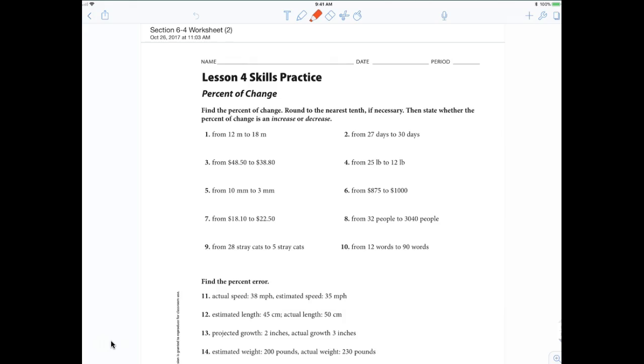What I should see everybody doing is writing this down on the worksheet. Percent of increase or decrease is the change divided by the original amount. Is everybody with me on this?